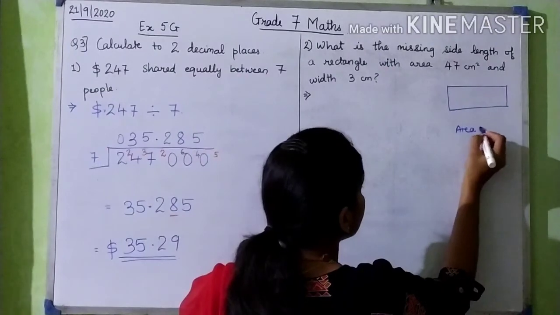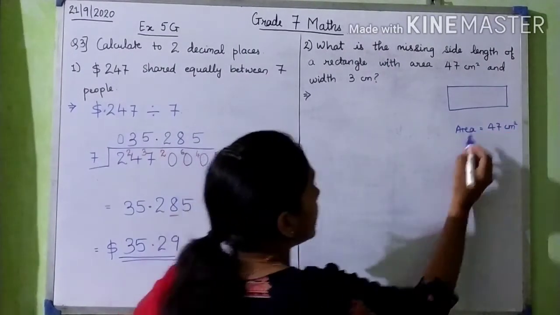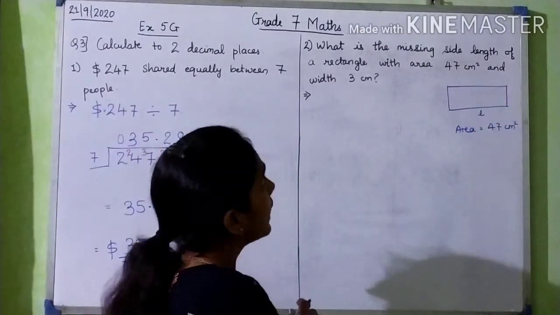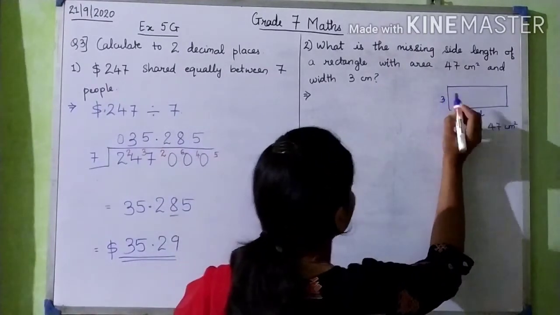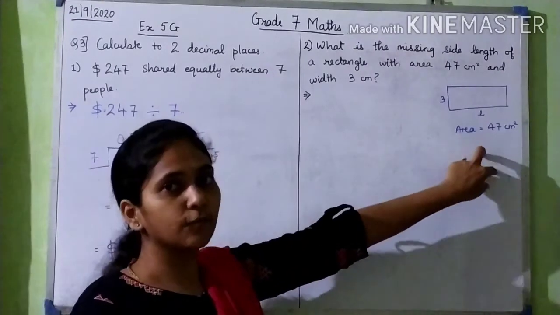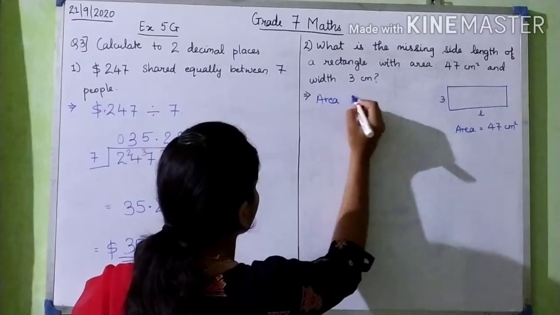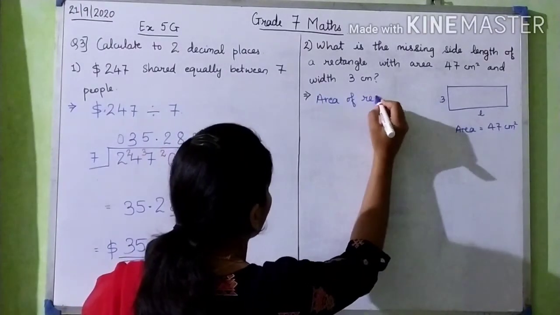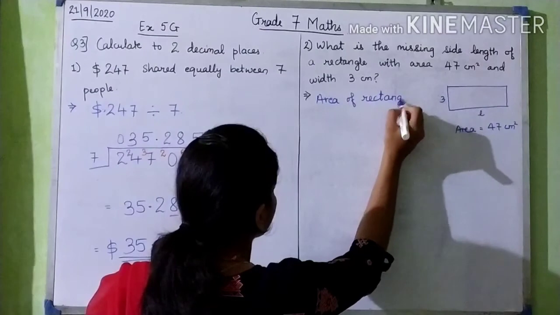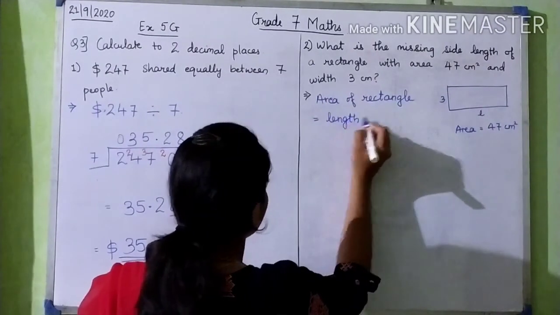So the area is 47 centimeter square, and the length they have told us to find, and the width is given to be 3 centimeters. So we know the area of a rectangle formula. Area of the rectangle is equal to length into width.